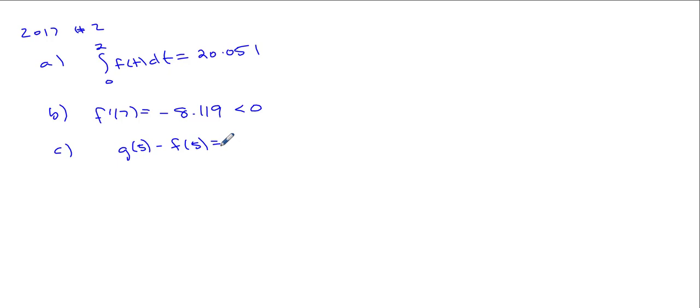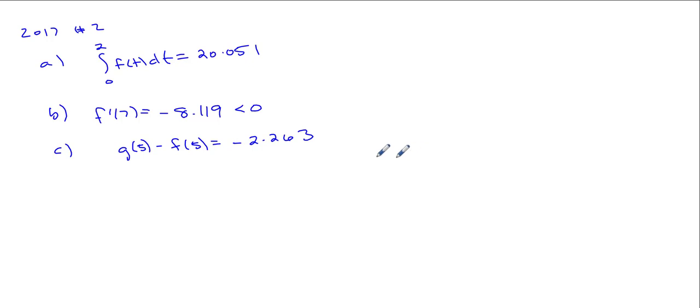Now, what you could do, since you probably have f in Y1 and g in Y2, you would go to your table maybe, plug in 5, and then write down the numbers and subtract them, carry the decimals as far as you can. That's fine. Or remember, you can say like Y2 of 5 minus Y1 of 5 from your home screen. And that answer turned out to be negative 2.263. Is that right?